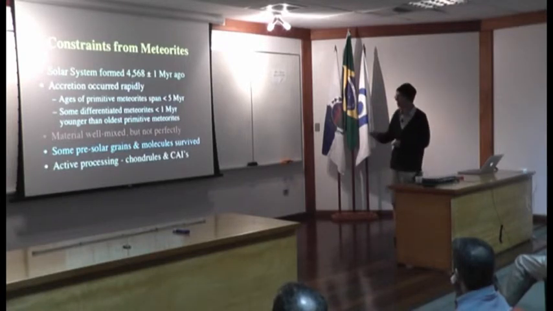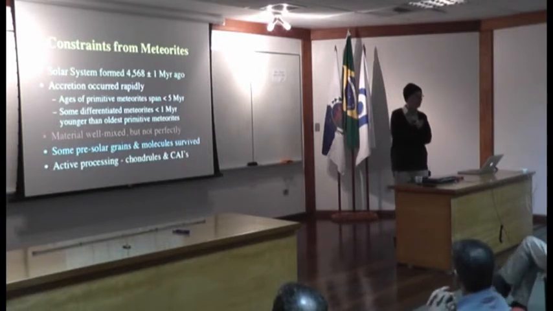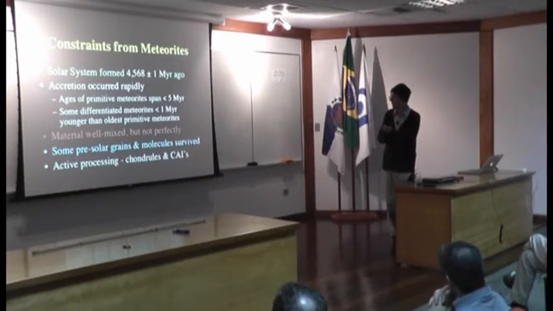Constraints from meteorites: very accurate dating of the solar system. This is from these Concordia dates of various different radiogenic decay products that Ted was talking about yesterday morning.